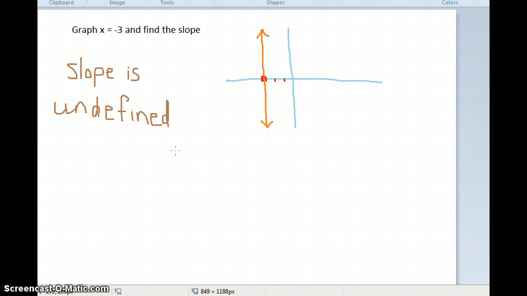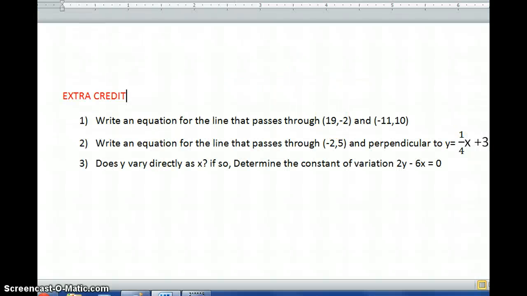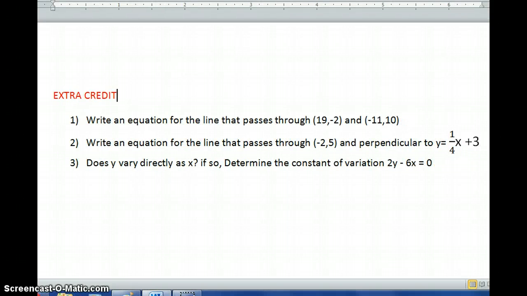The slope is undefined. Now the three problems for extra credit, I'm going to show them, and they're due Friday, September 6th. This is the extra credit assignment. It's worth 3 points, 1 point for each question, and this grade will be added to your warm-up grade.